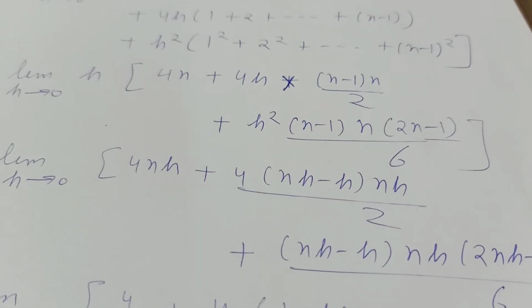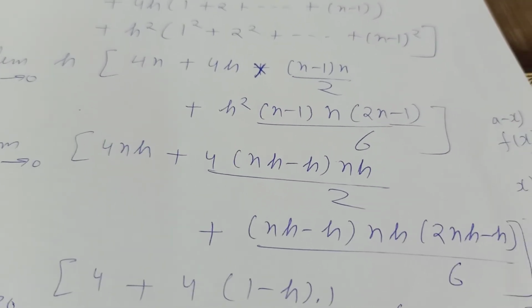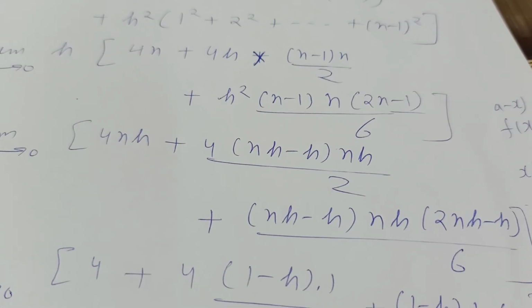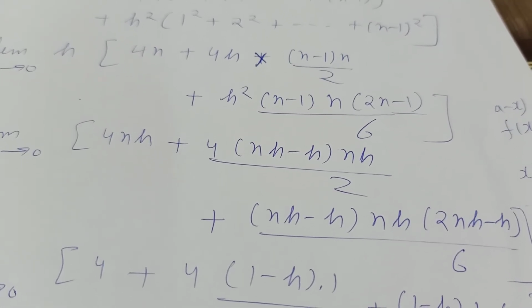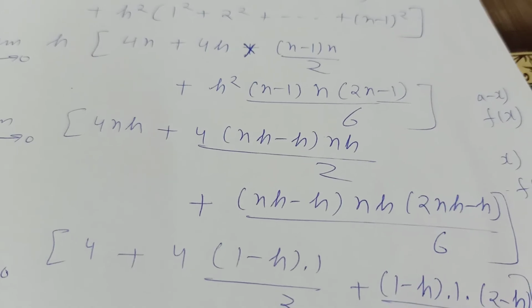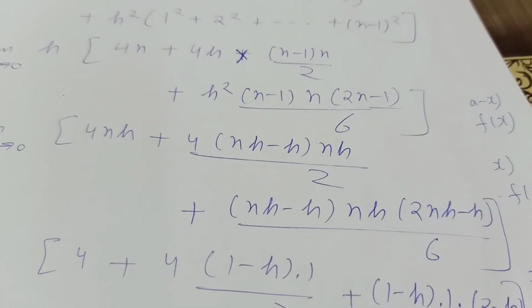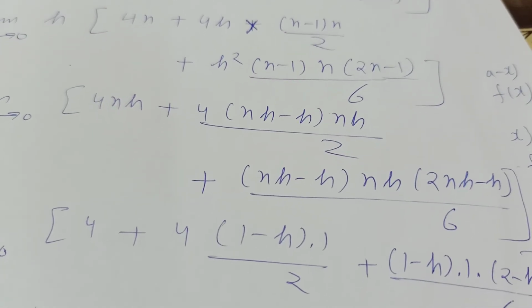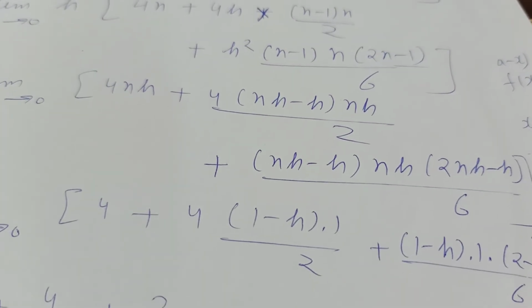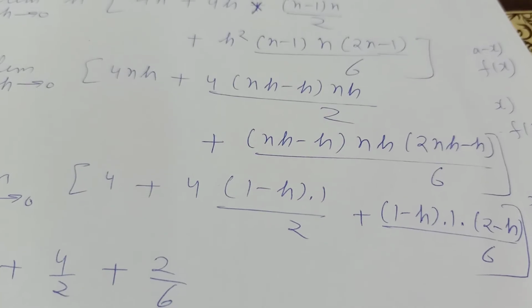We have tried to get the maximum number of nh, because nh is constant. nh is equal to b minus a, that is 1. So we have put the value of nh, that is 1, and you will get this step.